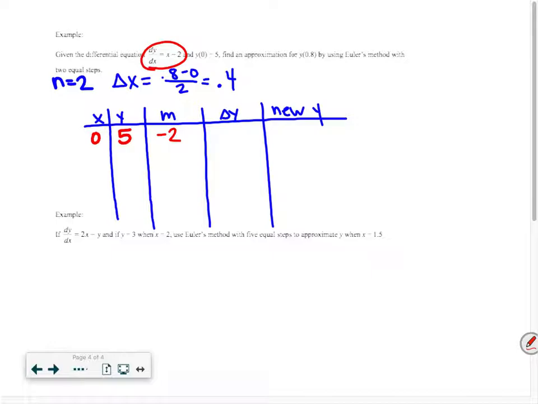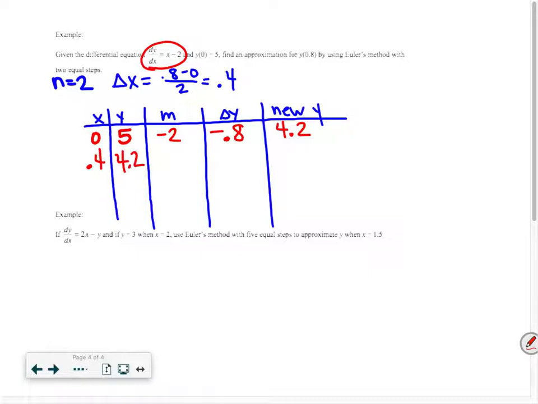If we take our slope times delta x, what do we have? Our change in y is negative 0.8. We started at y of 5, so we are now at 4.2. So we are now at the coordinate 0.4, 4.2.